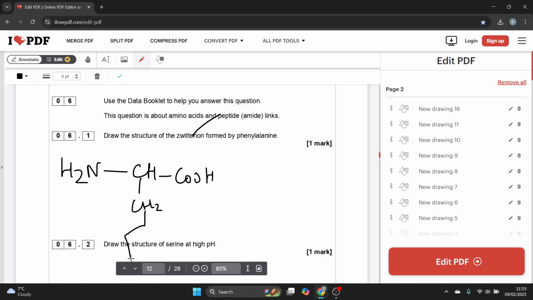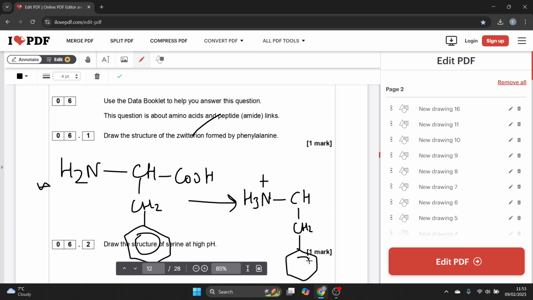Because a lot of the times, especially in paper 2, these 1 markers are the difficult questions, especially for me. So the zwitterion, I'm going to have a positive charge, so we're going to have H3N+, CH, CH2. Remember, I'm not changing anything.